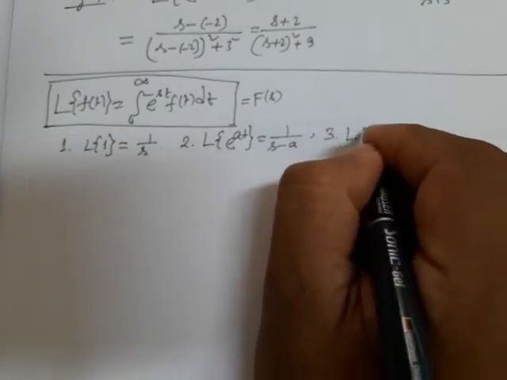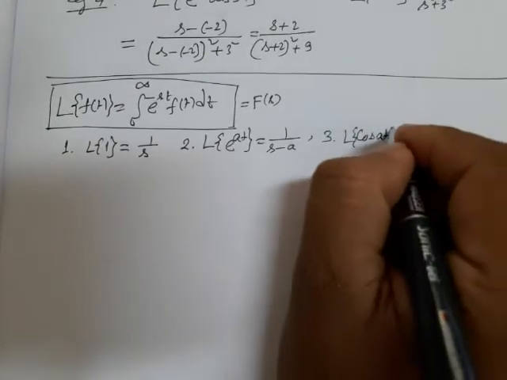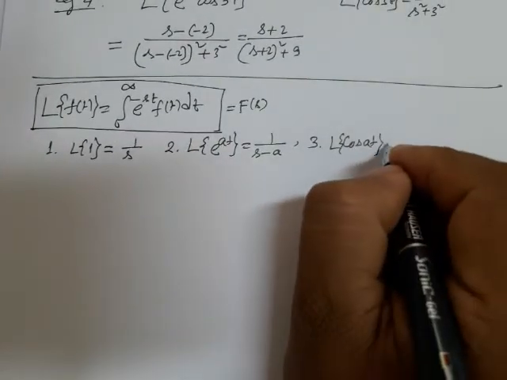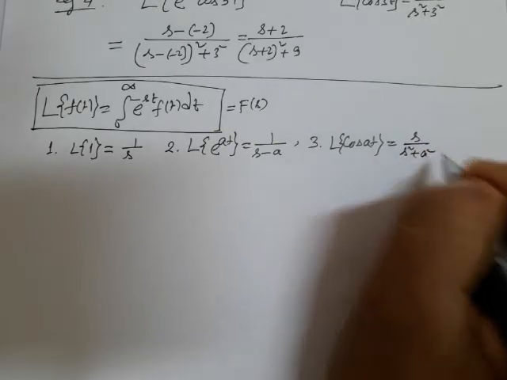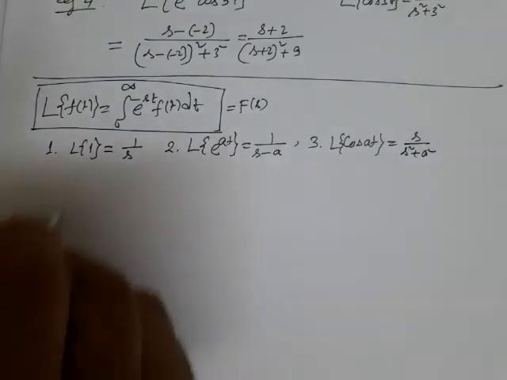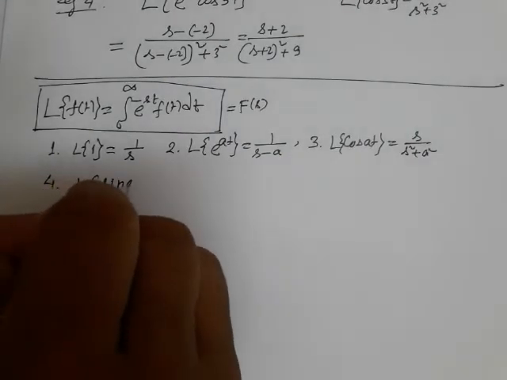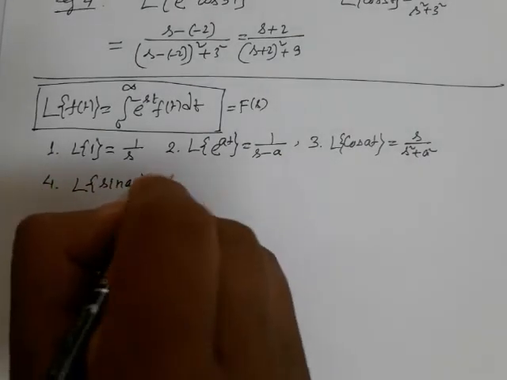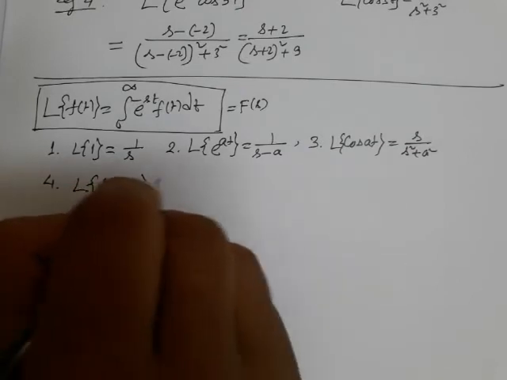Next, 3, L of cos of at. Okay, L of cos of at equal to s by s square plus a square. Okay, next 4, L of sin at, or bt, whatever value you want to take, you can take here.